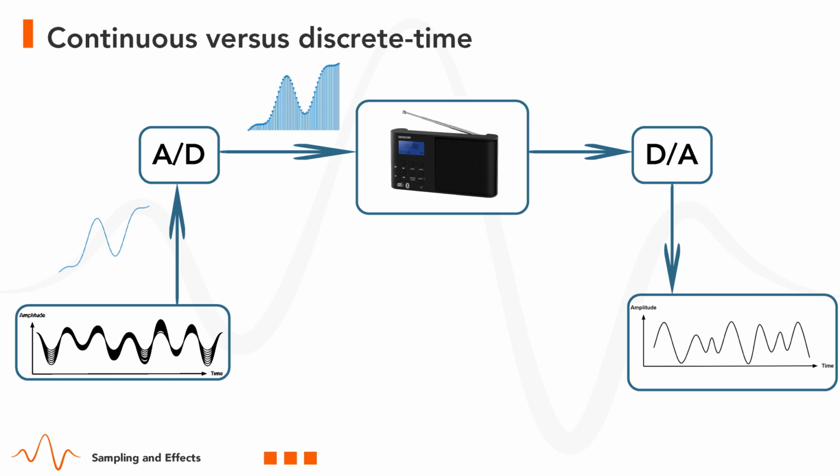The analog to digital converter simply samples the continuous time signal at a fixed rate, which is called the sampling rate. This leads to a discrete time signal resulting from samples of the continuous time signal. The digital to analog converter simply holds constant in between sampling times the discrete time signal at its input.